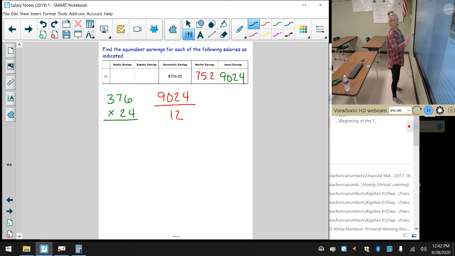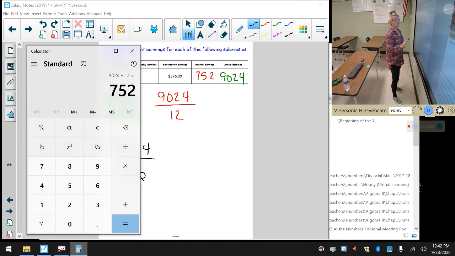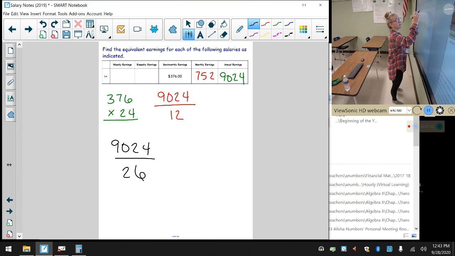Let's take 9,024 and divide it by 26, since bi-weekly is 26 pays. That's $347.08 if you look at the rounding. The penny is at 7, but since the next digit is a 6, we're going to round it up to 8 cents. So $347.08.